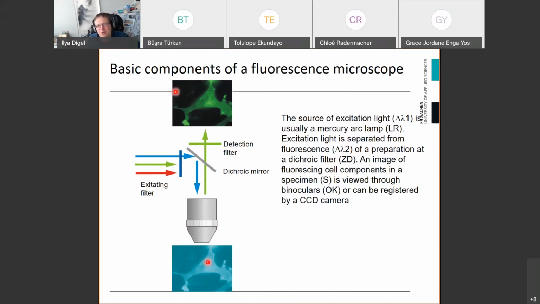What we see here is called epifluorescence microscopy. It's called epifluorescence because the light which excites comes from the top, and then the emission comes back through the same optical system. So epi means from the top. So light from the top, and the image is formed also upwards.